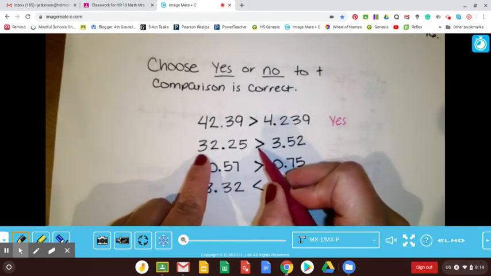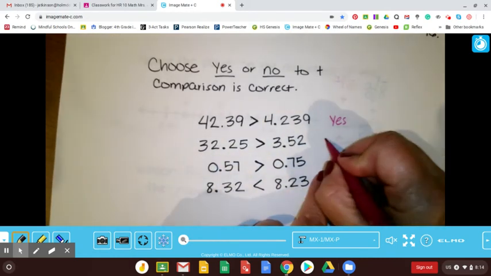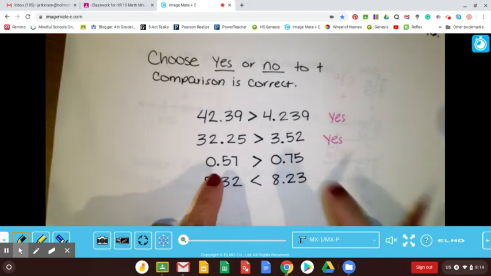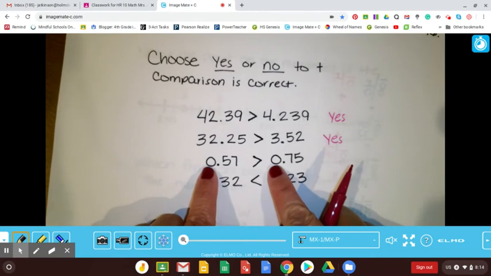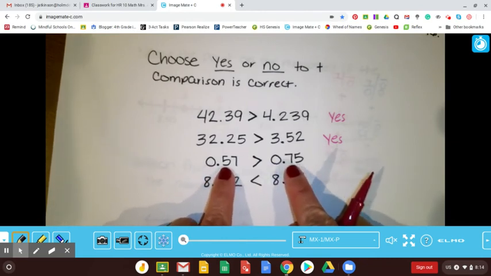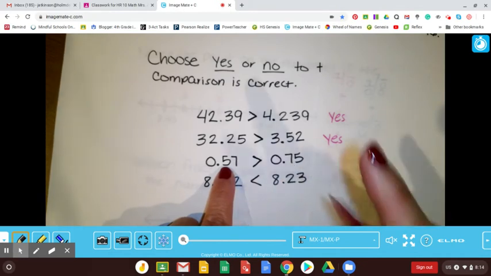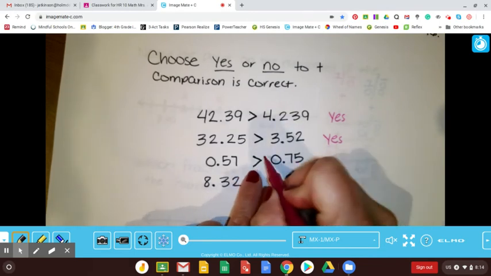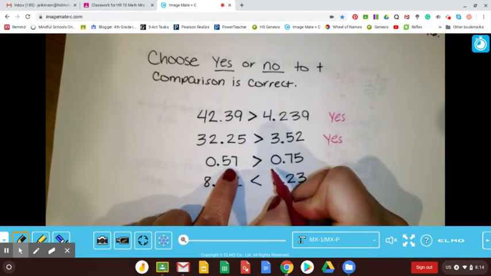So the mouth is eating the greater number, so that is correct. Yes. Let's take a look at the next one. These both have a 0. Hello, decimal point. If we move over, I have a 5, and then I have a 7. A 7 is greater than 5, so 75 hundredths is greater than 57 hundredths.